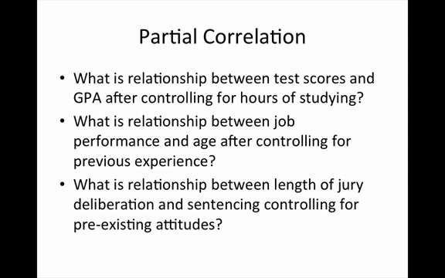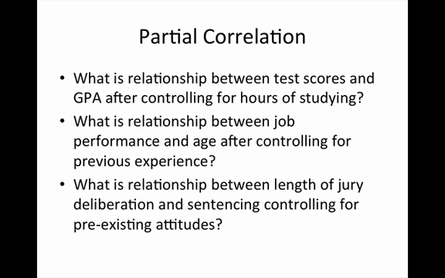If I just measure test scores and GPA, I'll have an indication of the relationship, but I won't be able to tease out the relationship between test scores and GPA from the relationship between test scores and hours of studying. Likewise, if I want to know the relationship between job performance and age, I want my correlation to be just that and not the relationship between job performance and previous experience, which can masquerade as age.